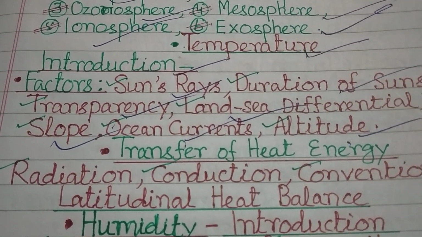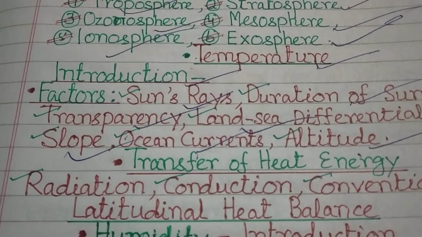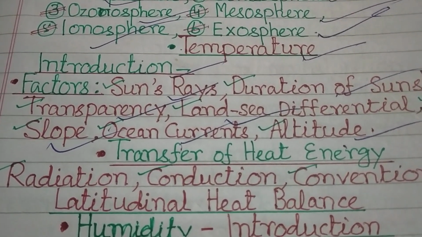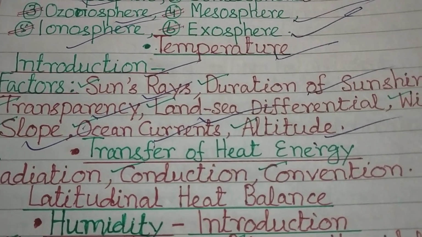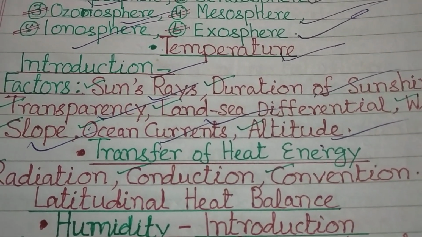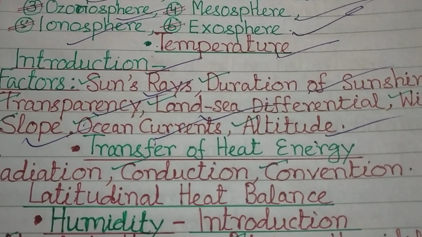The angle of incidence, or the angle which the sun rays make with the Earth's surface, determines the amount of solar radiation which a particular place on the earth will receive.